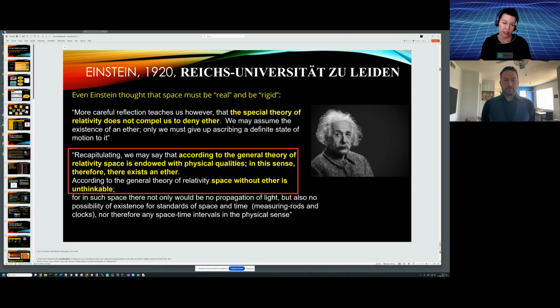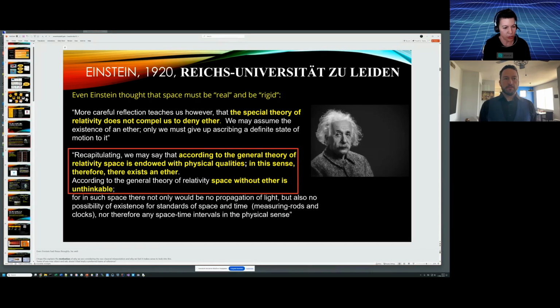So in this sense, there exists an ether. He even went as far as saying space without ether is unthinkable. So I'm always surprised when people say, no, Einstein proved there's nothing there, right? Well, that's not what he showed. You don't need it in the math, but he himself said he thinks there should be something. And what I also find interesting is, let me go to the next slide.